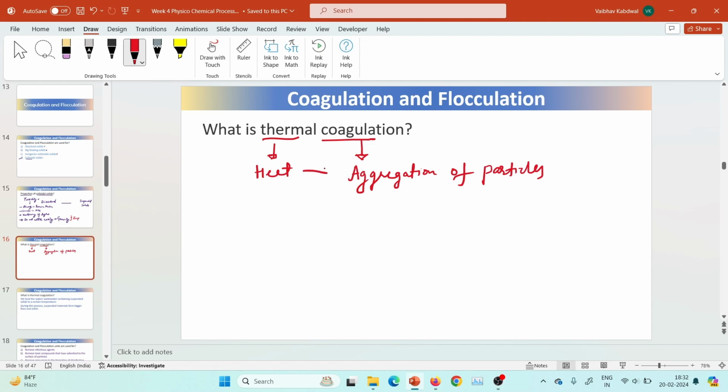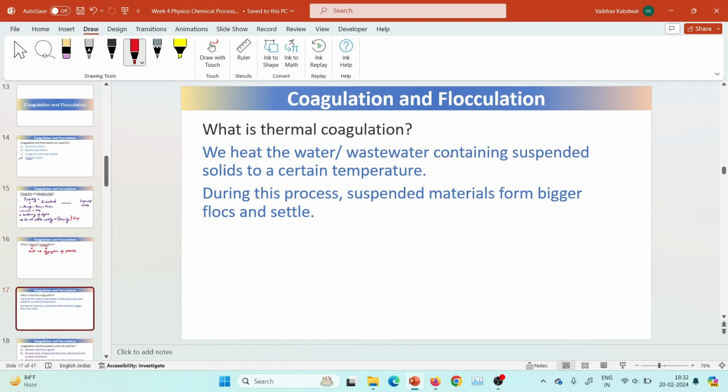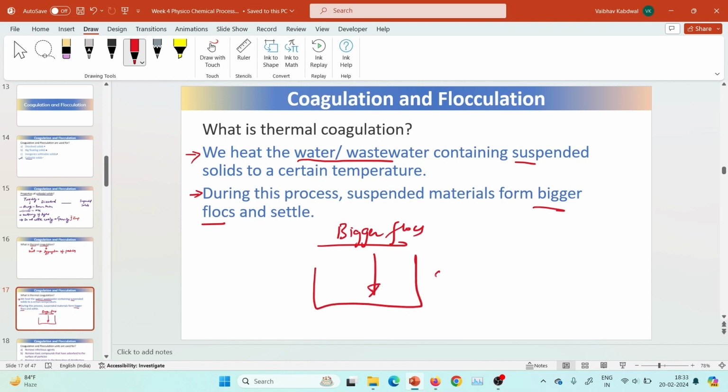So when we heat the water or wastewater containing suspended solids, they form bigger flocks and settle. This is thermal coagulation. In thermal coagulation, we heat the suspended material and they form bigger flocks and settle under the effect of gravity.